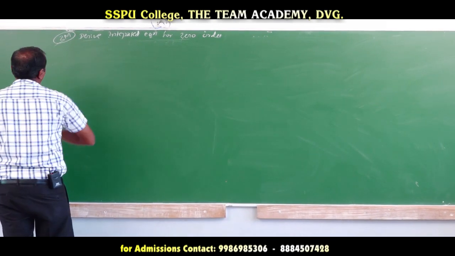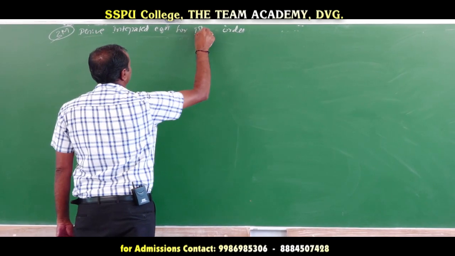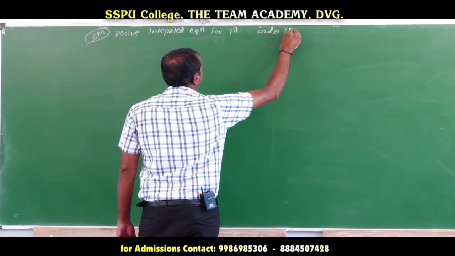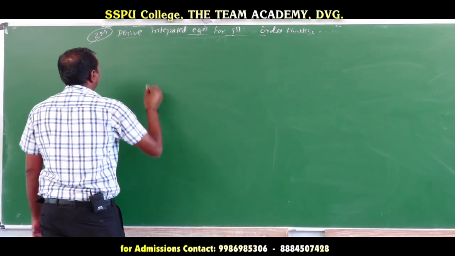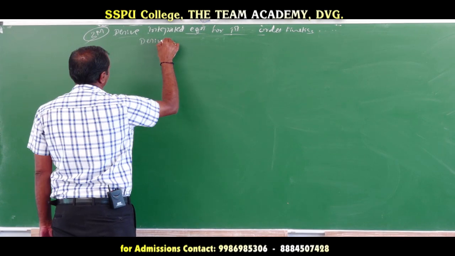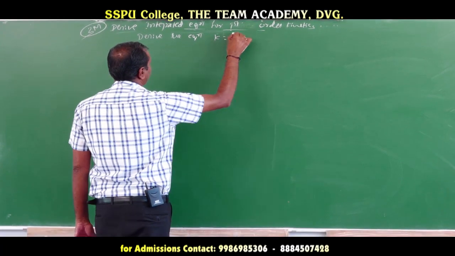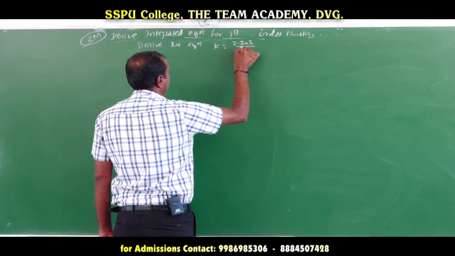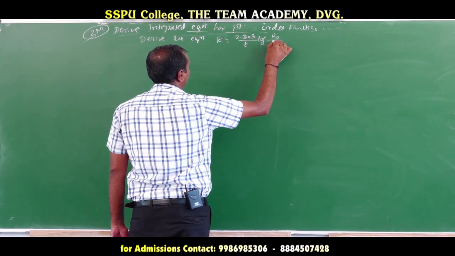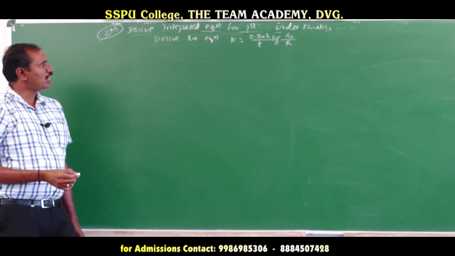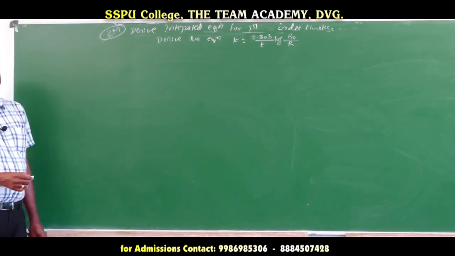Next, for 3 marks: derive the integrated equation for first order kinetics. Or they may ask the question: derive the equation where k equals 2.303 by t into log of r naught by r, where r naught is the initial concentration, and r is the left behind concentration.